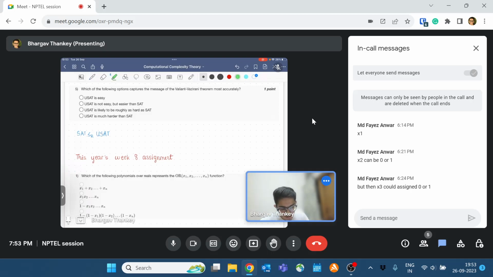So either C is true or D is true, but we don't expect USAT to be much harder than SAT. We expect them to be of roughly the same difficulty.